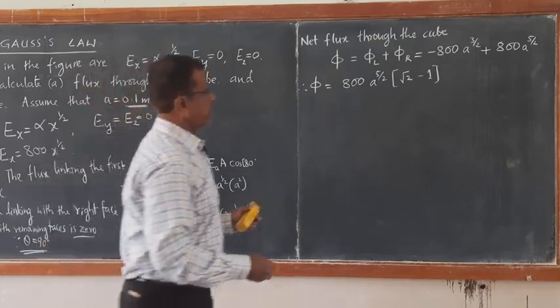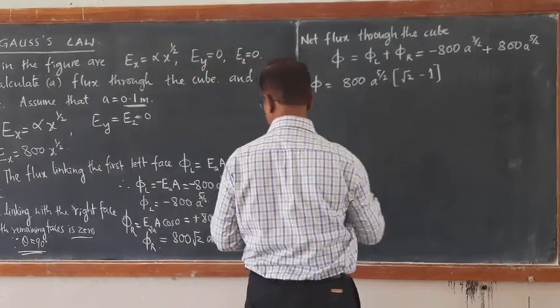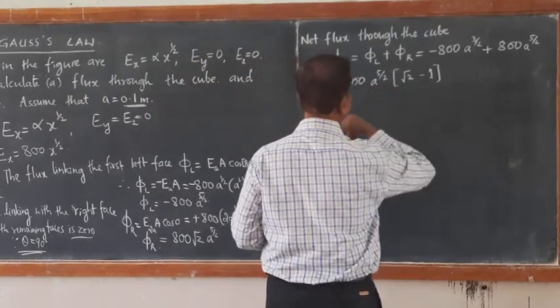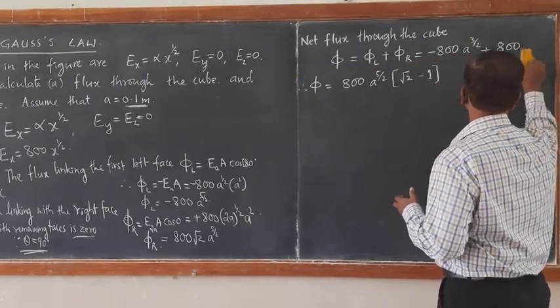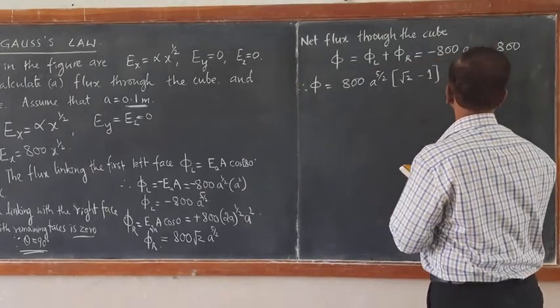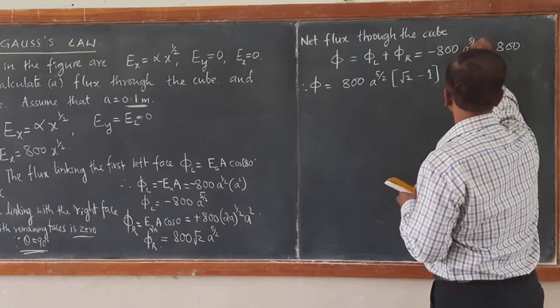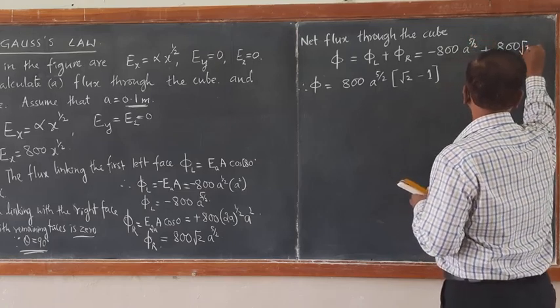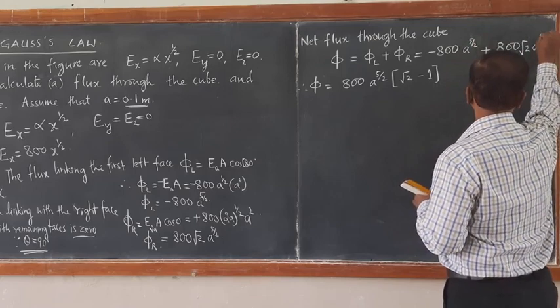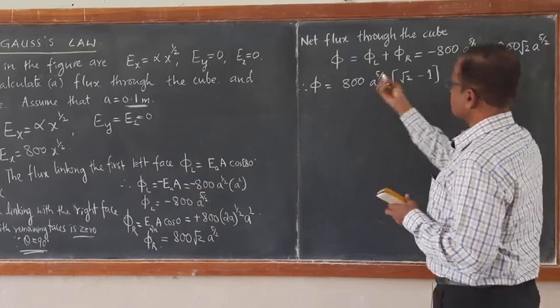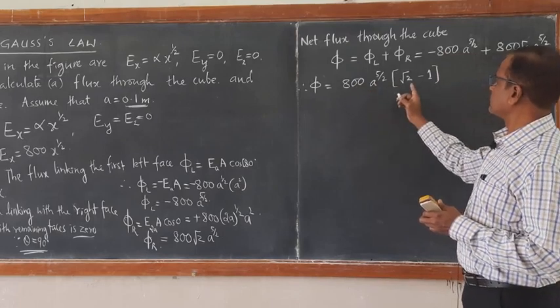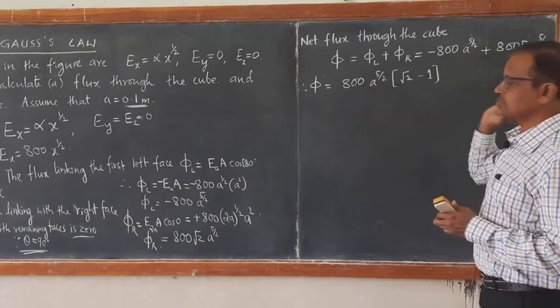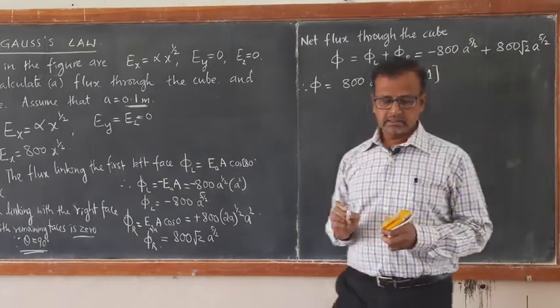So 800 A raised to 5 by 2 is common, and you are left with root 2 minus 1. So this is the answer.